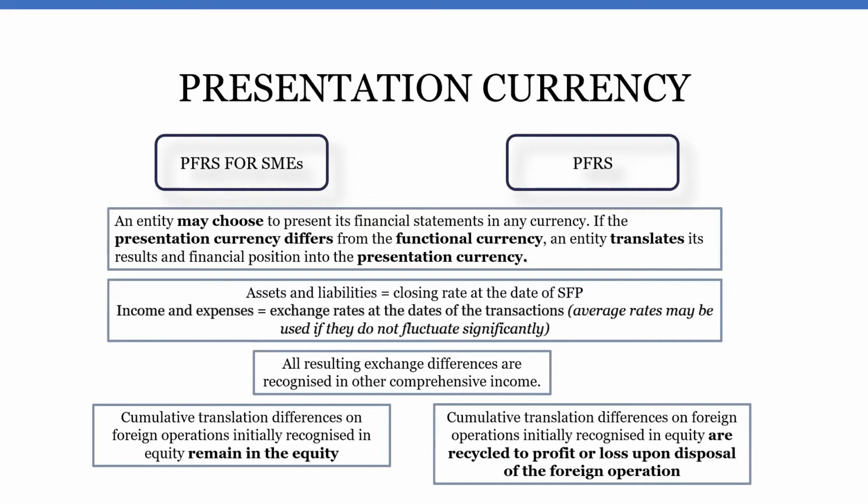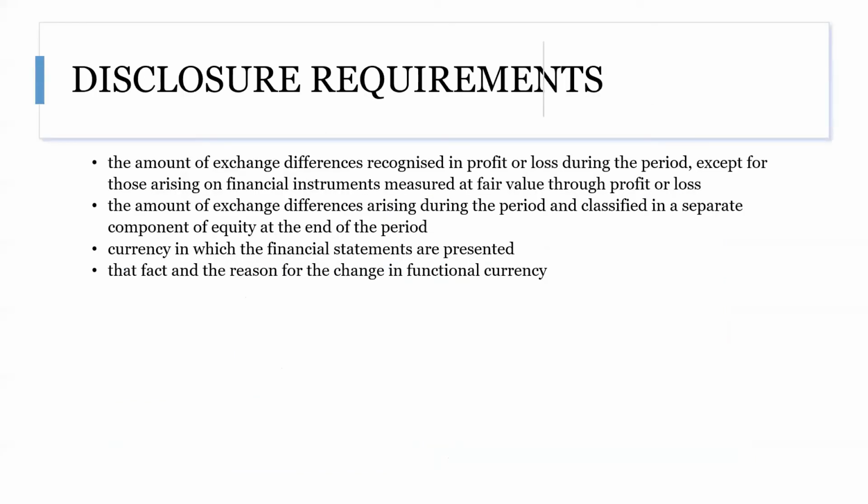So there are entities in the group that may have different functional currencies. When we prepare consolidated financial statements, the financial statements of all entities are translated into the reporting entity's presentation currency. So what are the disclosure requirements?